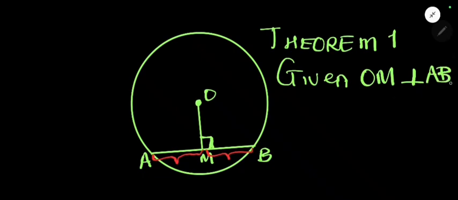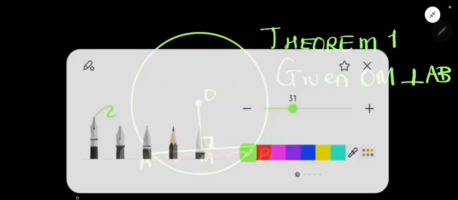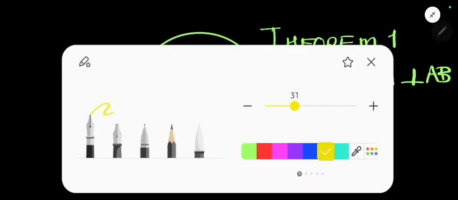This is the information that you are given. Now you have to make a conclusion. If the information given says that you have a line from the center joining the chord, and they are forming a perpendicular relationship, then you can conclude this.